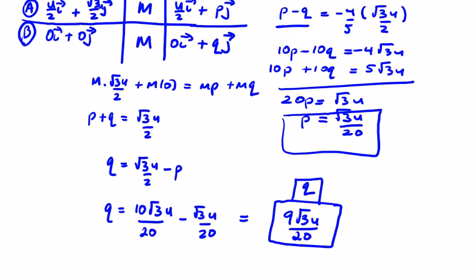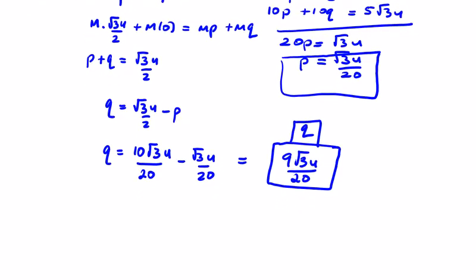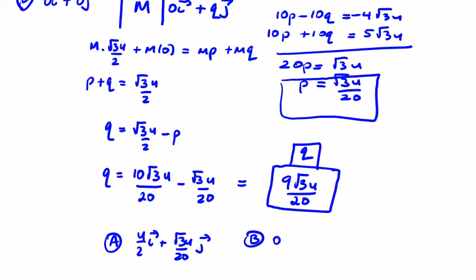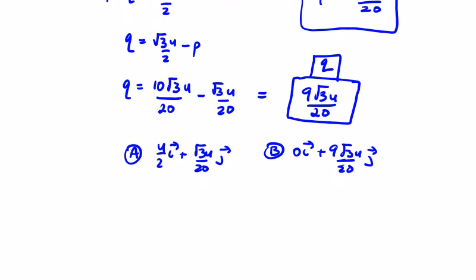So we write our vectors out again. A is going to be u over 2 in the I direction plus root 3 u over 20 in the J. B will be equal to 0 in the I plus 9 root 3 u over 20 in the J. And the inverse tan will give me the angle. It is the inverse tan of root 3 u over 20 divided by u over 2, so multiplied by 2 over u, is going to be root 3 over 10.